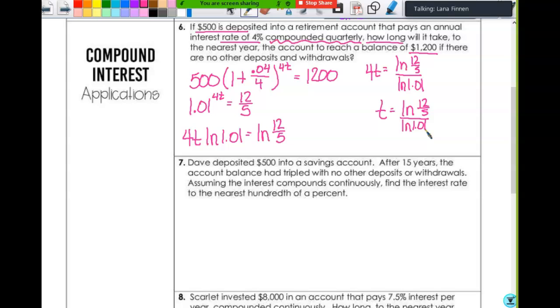I could either multiply that by 1/4 or just divide it by 4. I'm putting it in the calculator anyway, so I don't have to simplify that. The kind of calculators most of you are using does the order of operations, so we're all good.